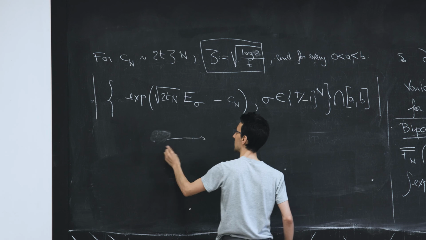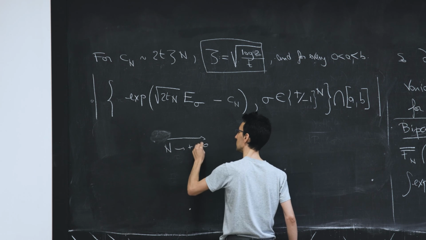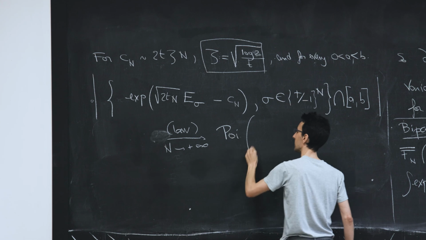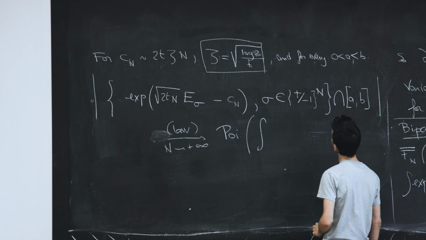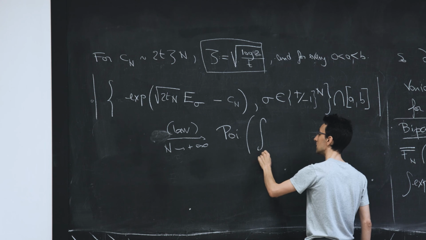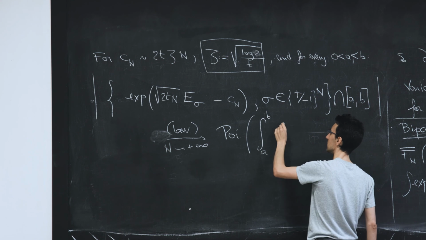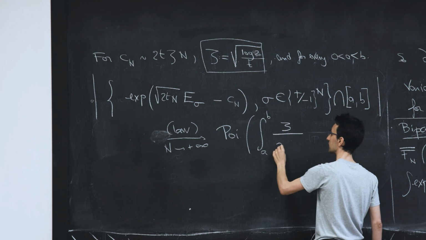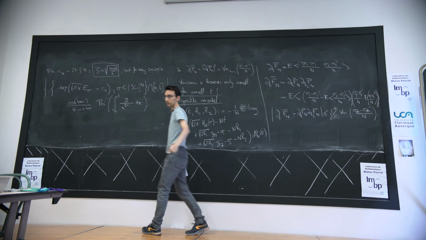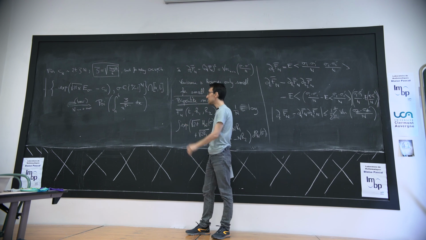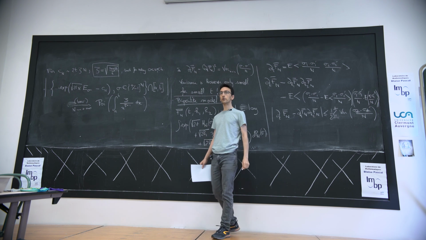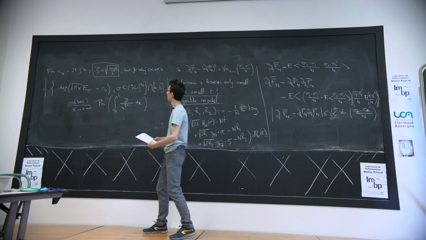This converges as n goes to infinity in law to a Poisson random variable with mean value given by the integral from a to b of zeta over x to the zeta plus 1 dx. Okay, so this is not very difficult to show. You can really do it as an exercise in the first class of probability.